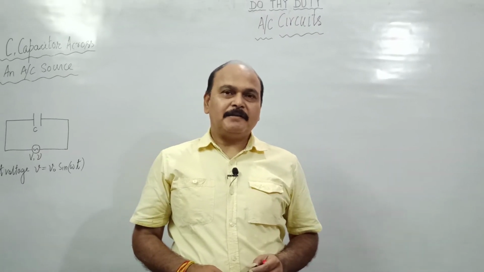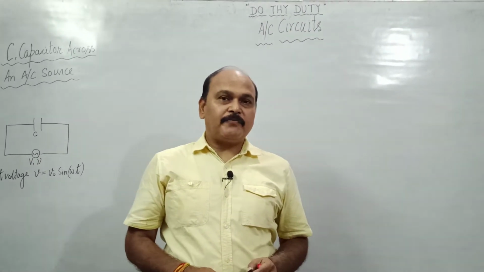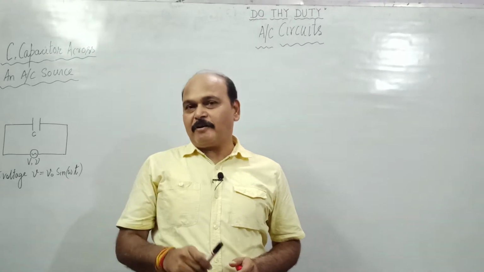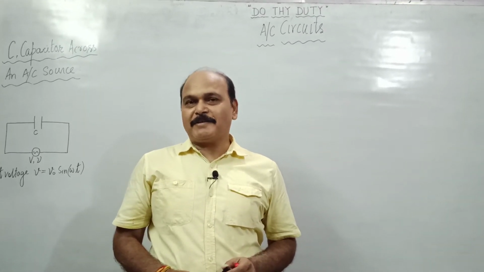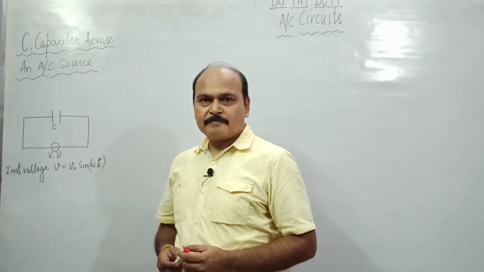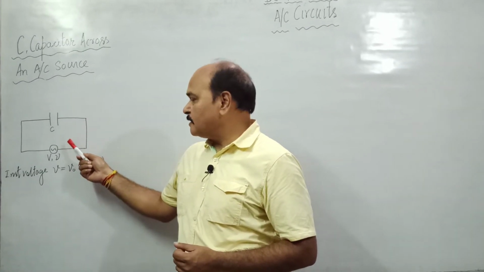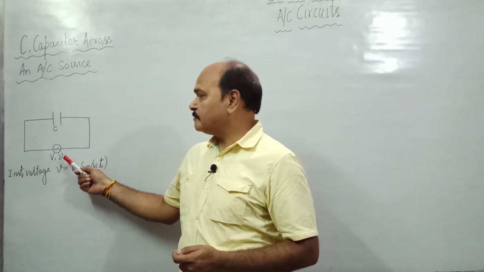Hello, my dear children. In the class of AC circuits, we are going to study the behavior of a capacitor across an AC source. So, children, we have a capacitor connected across an alternating source.